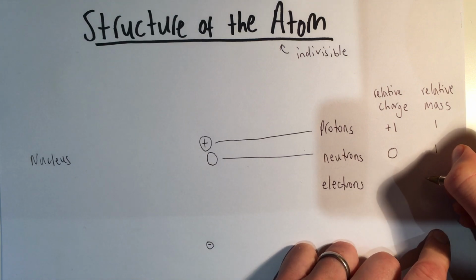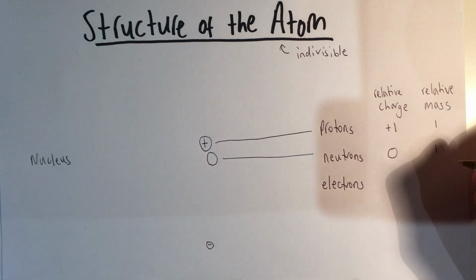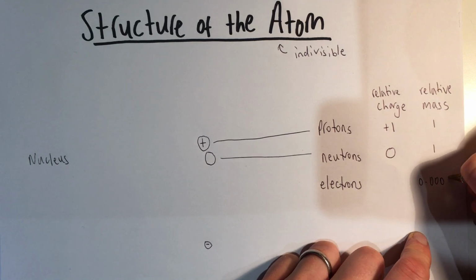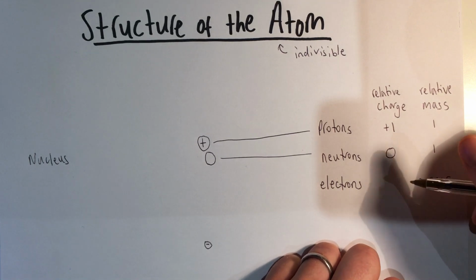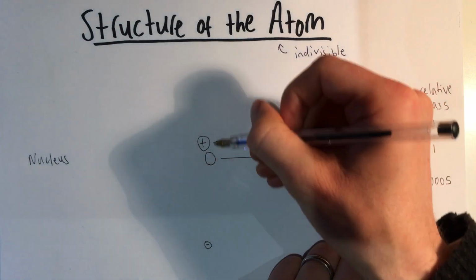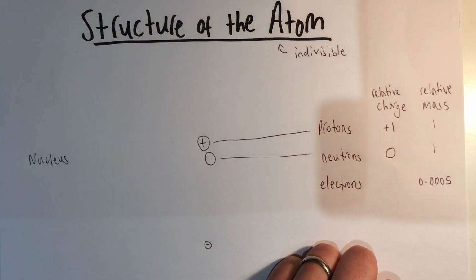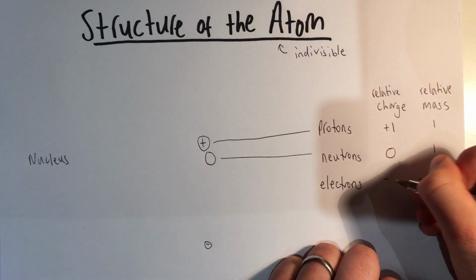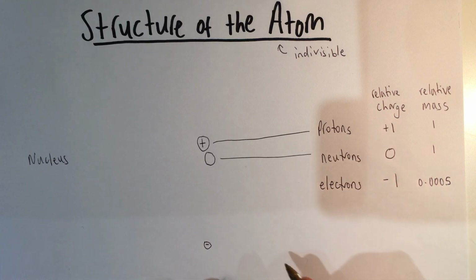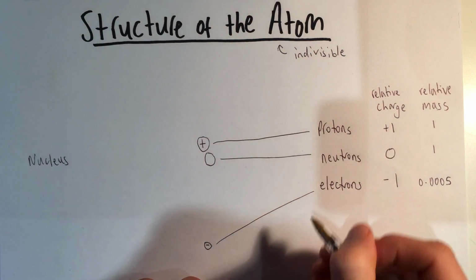It's negligible, which means pretty much 0, as good as 0. 0.0005. It means when we're thinking about the mass of atoms, we can ignore the electrons. It's the protons and neutrons that affect the mass of it. In terms of charge, their charge is -1. So these are the key facts to remember about protons, neutrons and electrons.